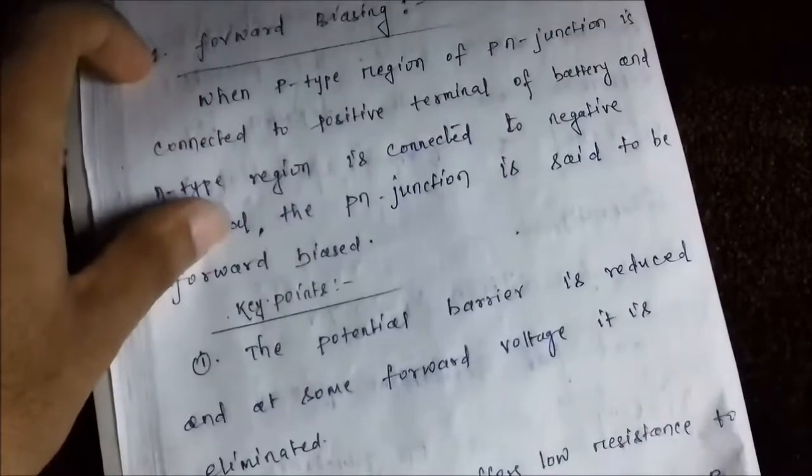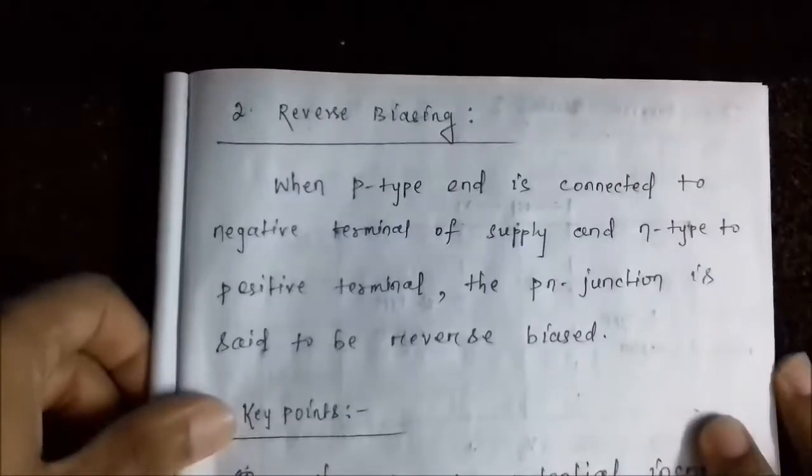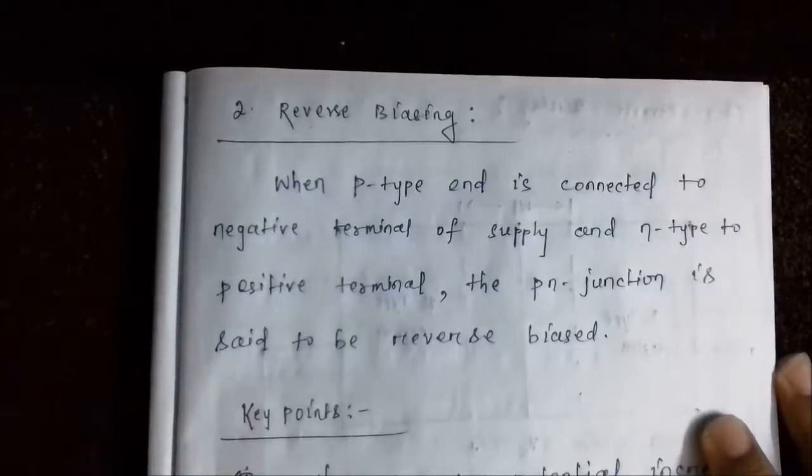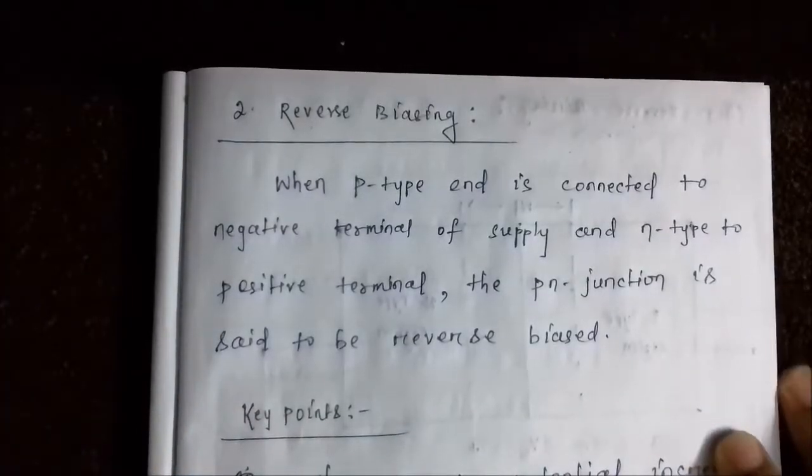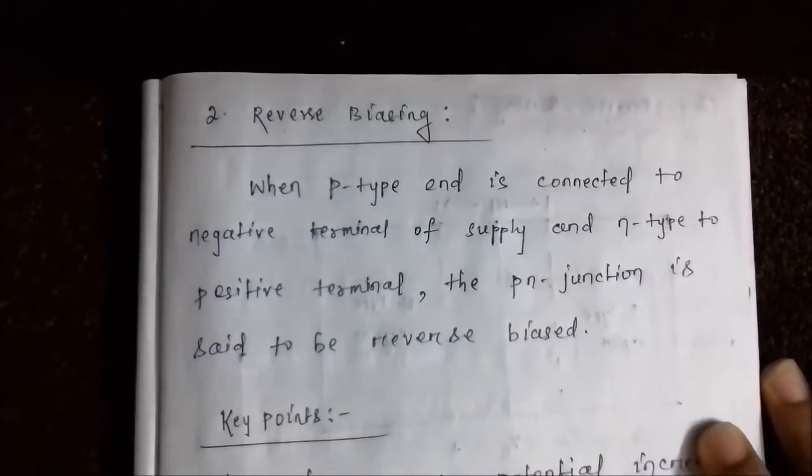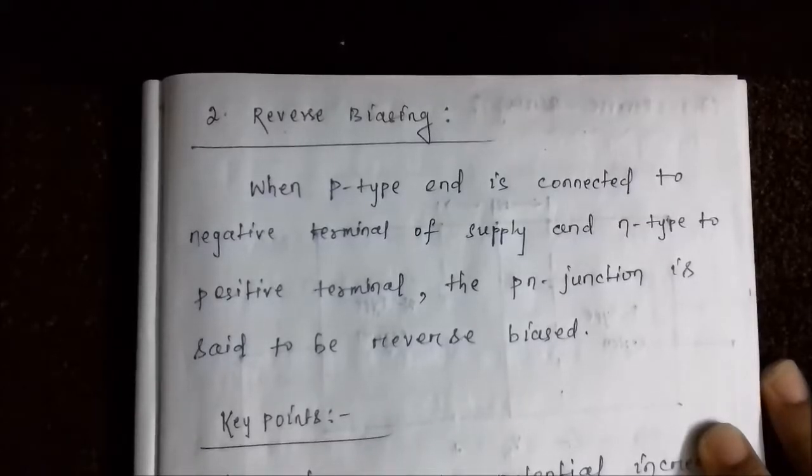Next, we are going to discuss reverse biasing. The definition of reverse biasing is that when supply voltage is given to a PN junction device such that the barrier potential is increased, it is called reverse biasing.